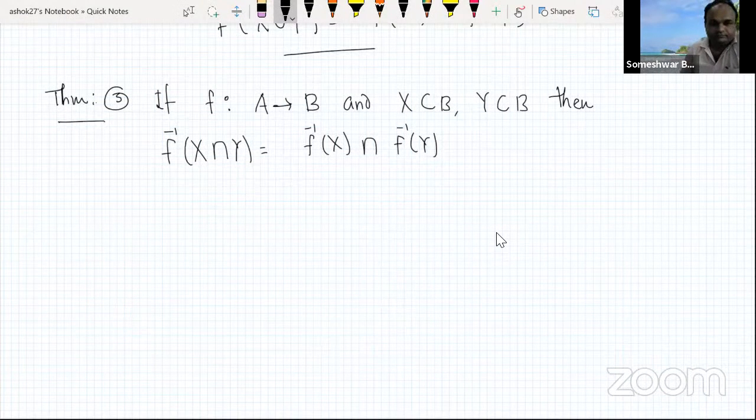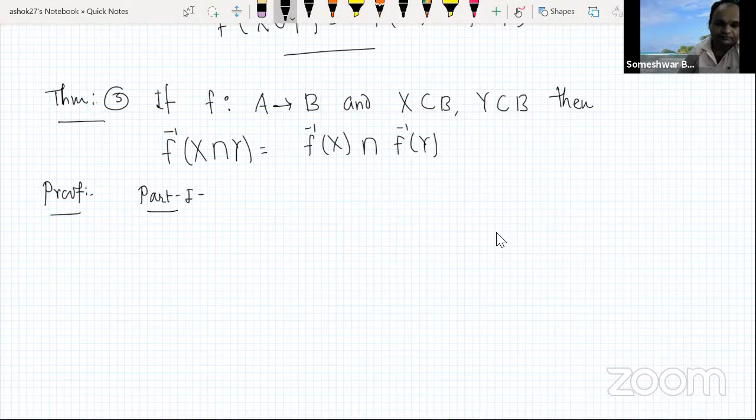So same as the last theorem, these two sets are equal. So we are using the definition of equality of sets. For that, we will prove these two sets are subsets of each other. So part 1 we will prove.